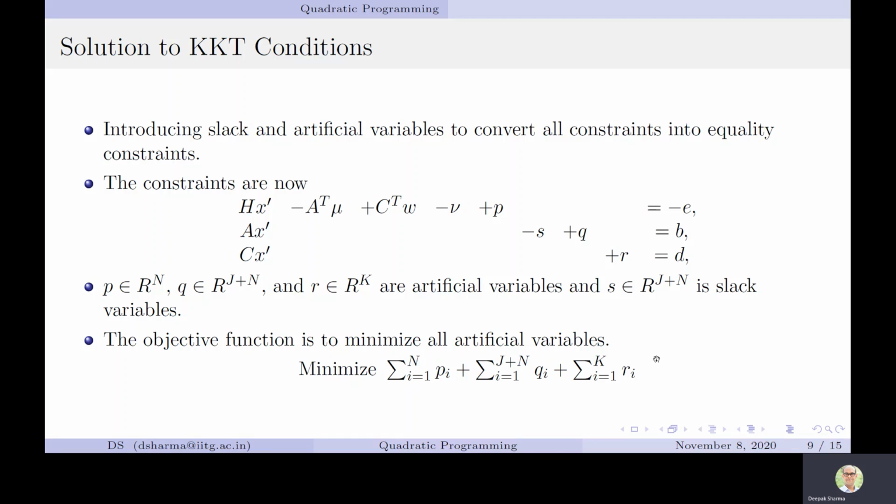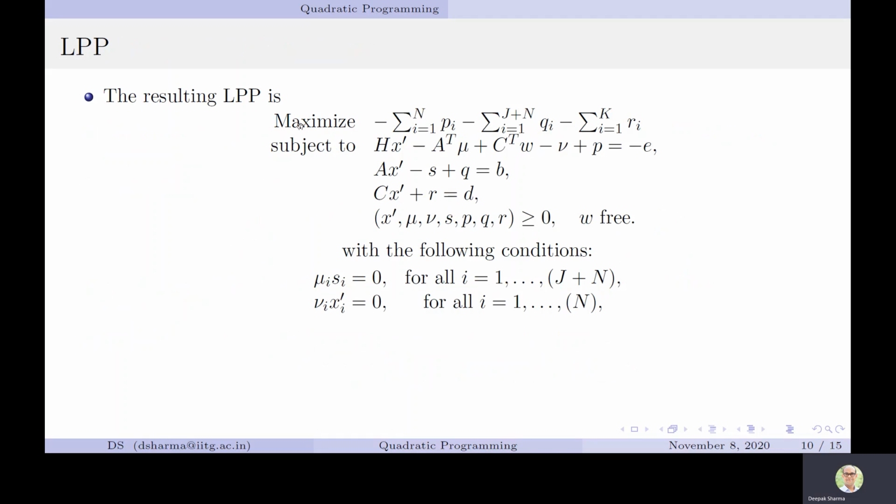Now we remember that for solving a problem, we have the simplex method algorithm for a maximization function. So let us convert it. The resulting problem for a maximization, we are just multiplying by -1. We have all the constraints as we have written in the last slide.